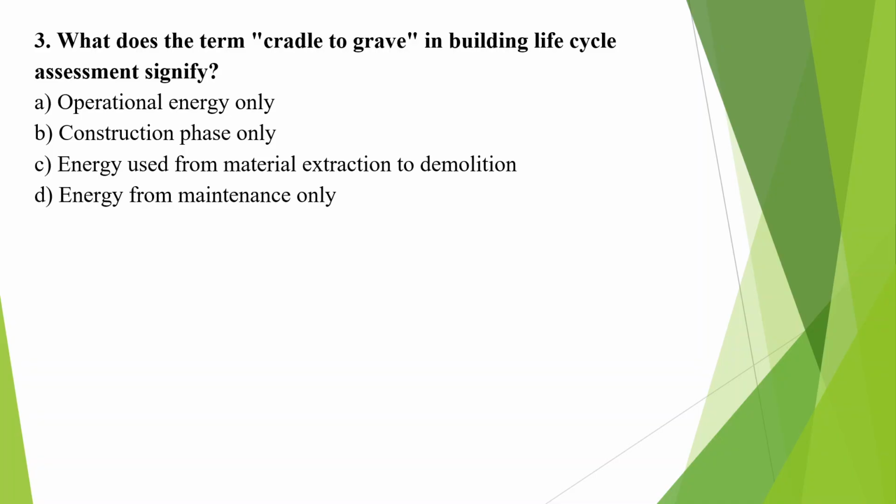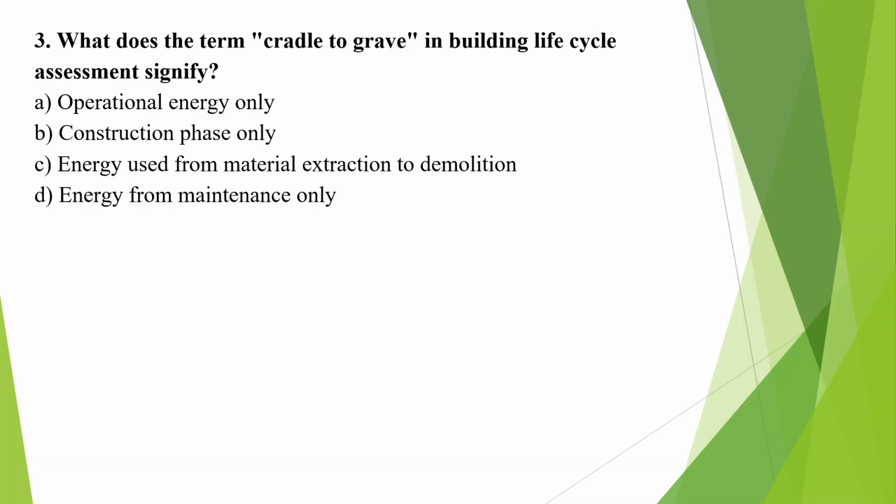When you are doing a cradle to grave analysis, the life cycle assessment starts from material extraction, where the building construction begins. First the extraction is done, then manufacturing, then transportation, then operation, then transport to the dumping yard, then demolition.